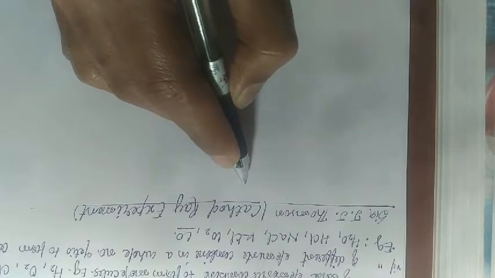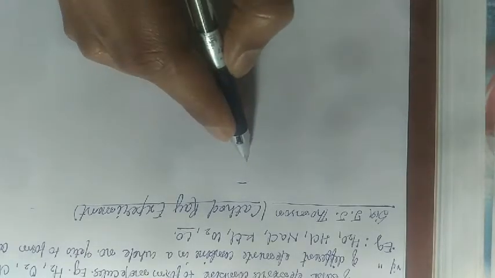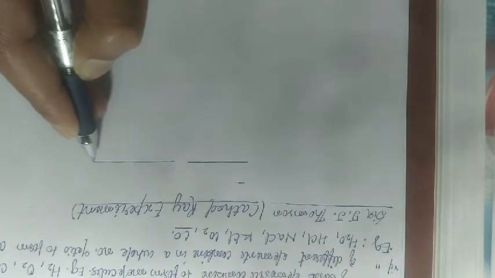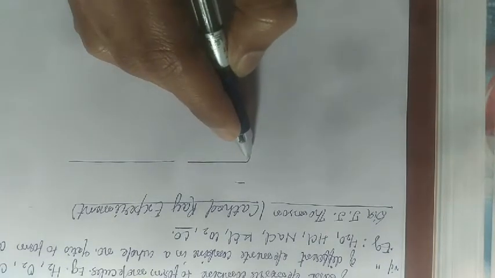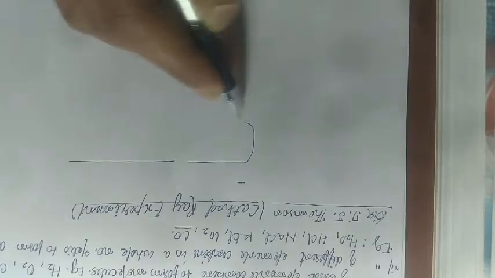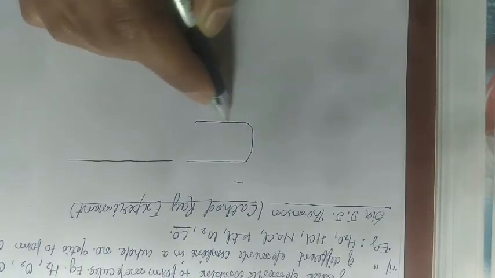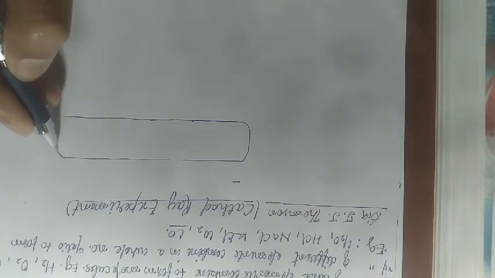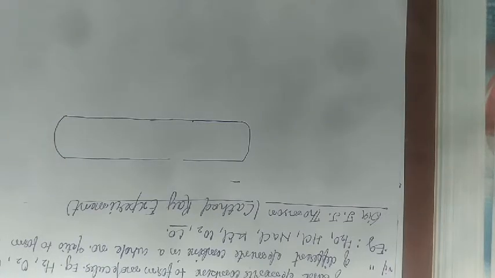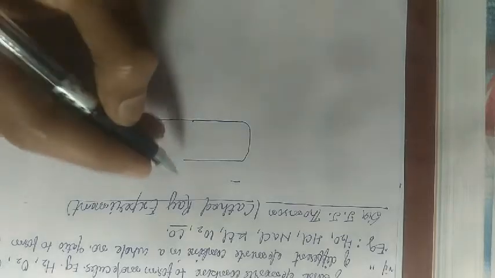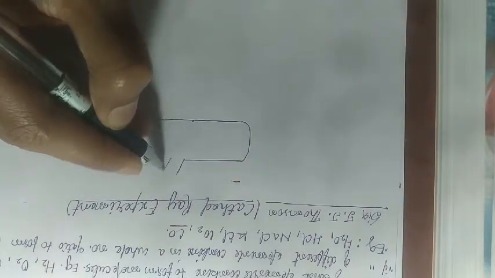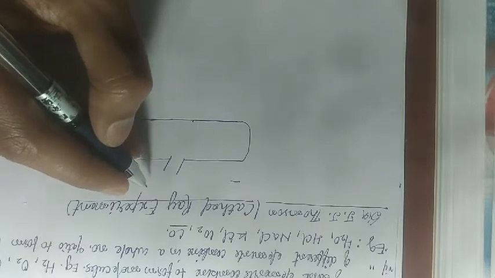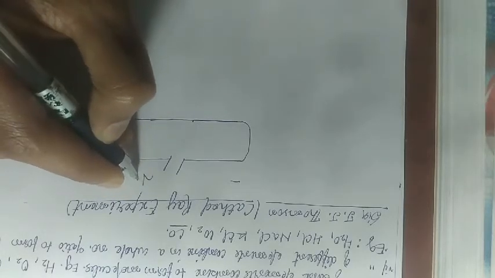In cathode ray experiment, you can see he has used one tube like this. He has used one tube like this. Here he has used a vacuum pump.